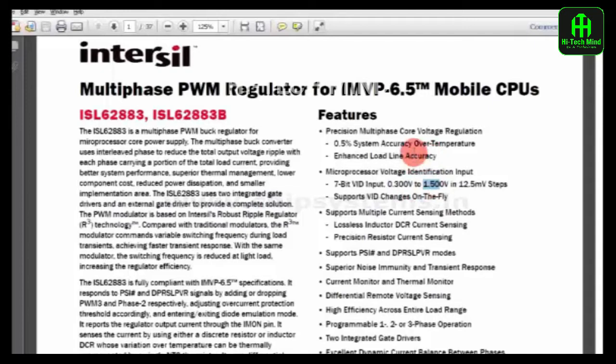Modern CPU voltage is below 1.5 volt. If the CPU clock speed is different, the voltage may be different. So when the clock speed increases, the CPU core voltage may decrease. That is the 7-bit VID input, 0.3 volt to 1.5 volt, in 12.5 millivolt steps, supporting VID changes on the fly.